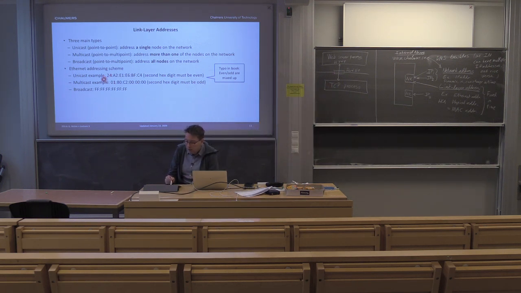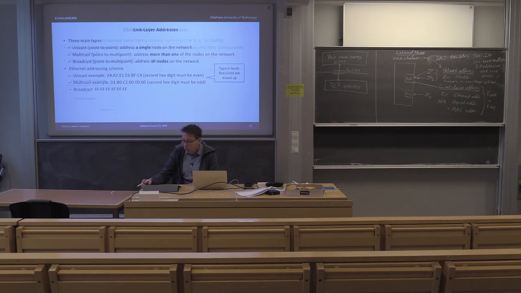So a unicast address looks like this. It's not important that it looks like this, but it's just for your information, right? And it's information because there is a typo in the book. They mixed this up. Anyways, and multicast, then the second one is odd. The broadcast address is all Fs. Okay, so it's the 111111111 address. And that is picked up by every node who can hear that message.